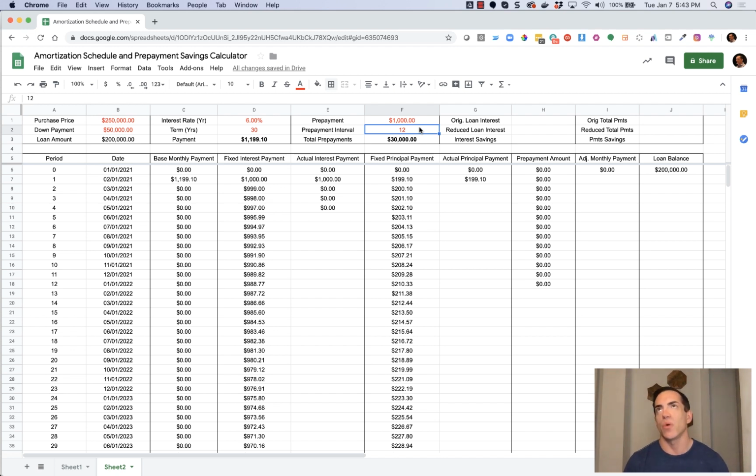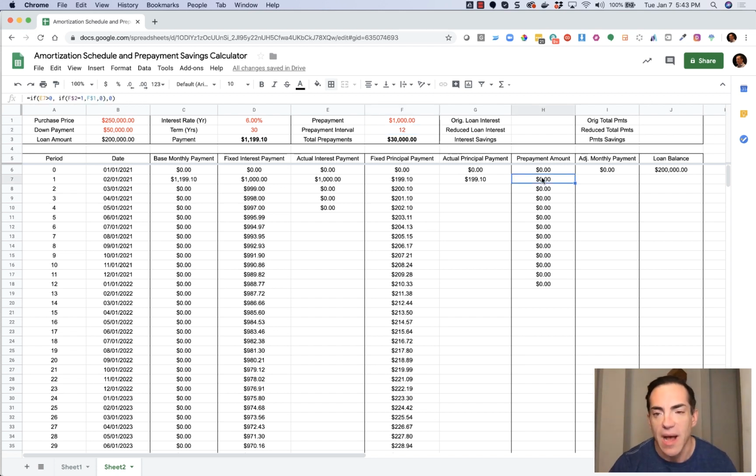In other words, you wouldn't make an additional payment every 13 months or every 17 months. You're probably going to do it every 2 months, every 3 months, every 4 months, every 6 months, every 12 months. I guess you could do it every 9 months if you wanted, but it doesn't make sense to build a spreadsheet to account for what happens if I make an extra payment every 31 months. So we just essentially built this to be in recurring intervals up to every 12 months.